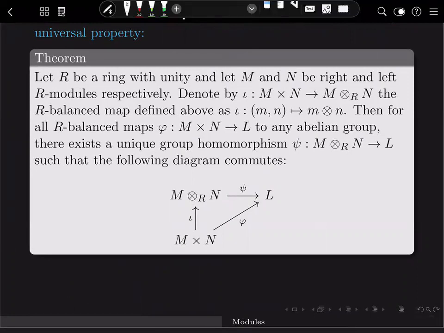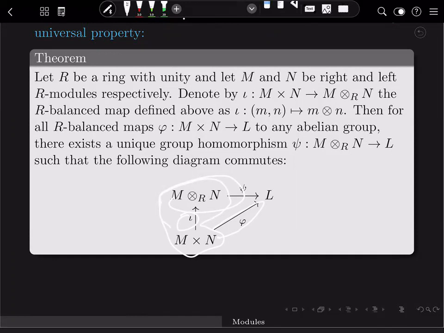So just to recap, we look at M cross N. We are concerned with R balanced maps coming out of M cross N. We look at the free abelian group generated by M cross N. We quotient out by the set of relations to create an R-balanced map out of M cross N. And this R-balanced map and the tensor product, this triple here, satisfies this universal property, such that all R-balanced maps out of M cross N factor uniquely through the tensor product.